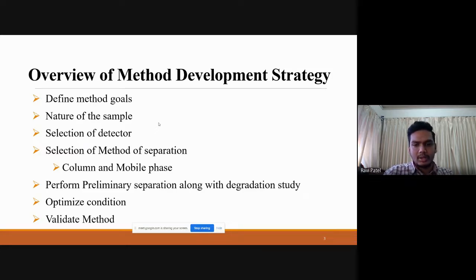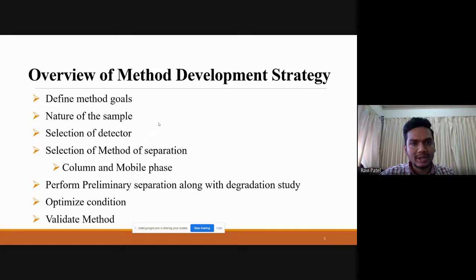The next thing is to perform preliminary separations along with a degradation study. Degradation study is nothing but a forced degradation study. Forcefully we are degrading our samples and generating impurities, and we inject this sample into our chromatography to see whether my method is capable of separating all these generated impurities or not.